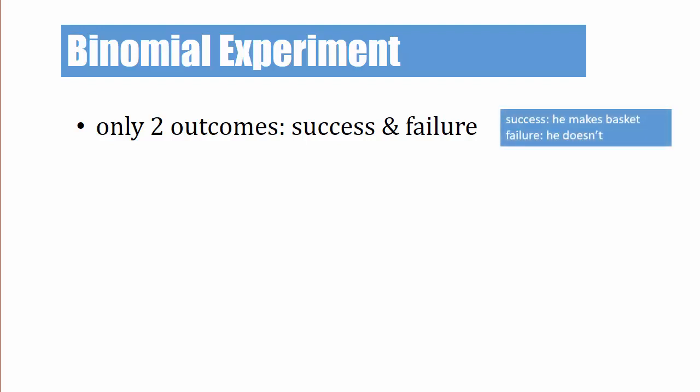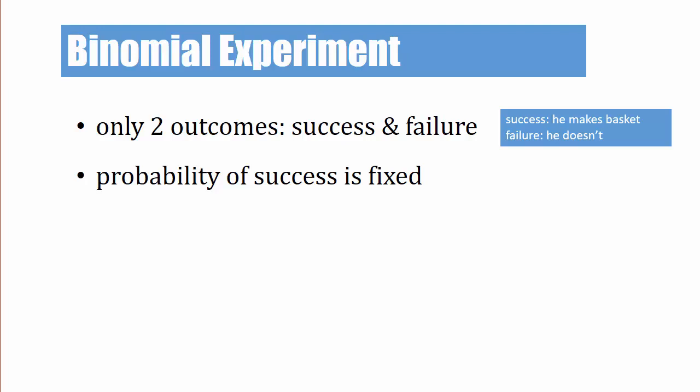And in this problem, success means that he makes the basket and failure means that he doesn't. The probability of success is fixed. And here the probability that he makes a basket is always the same. It's 54.8%.